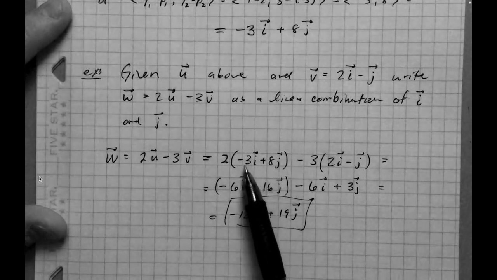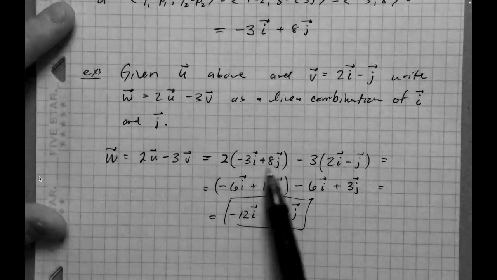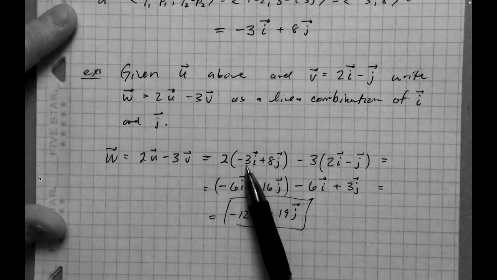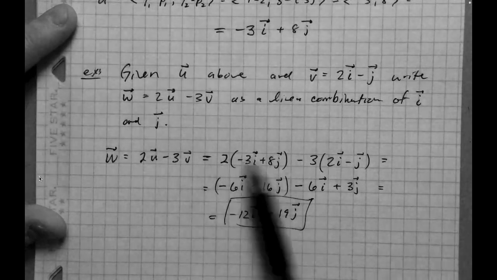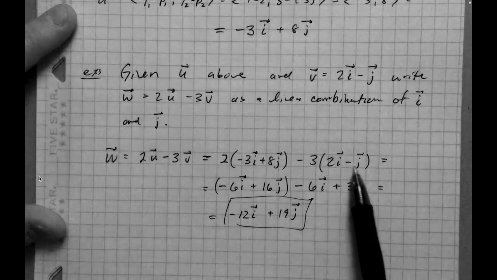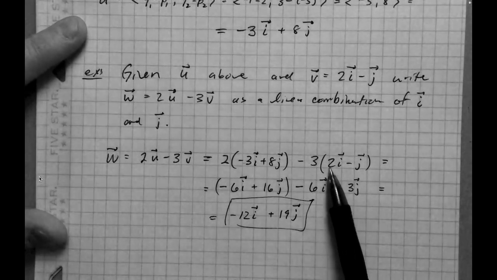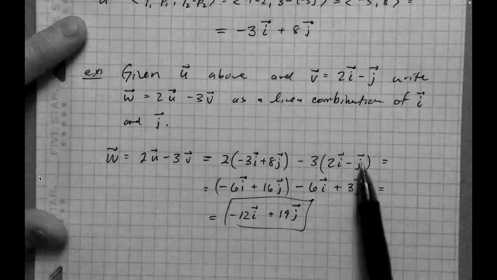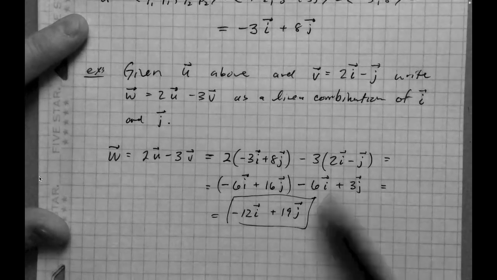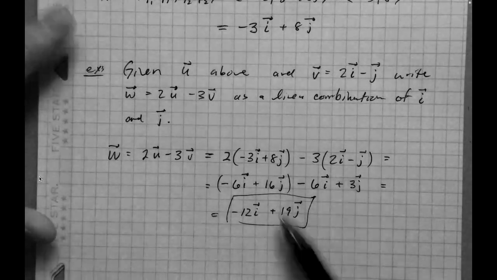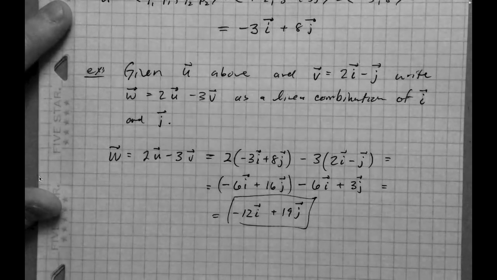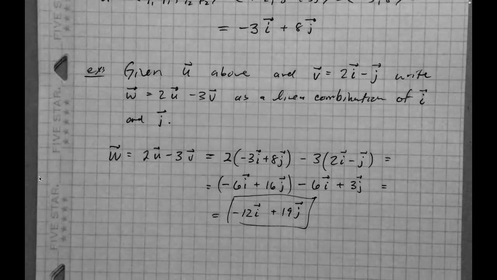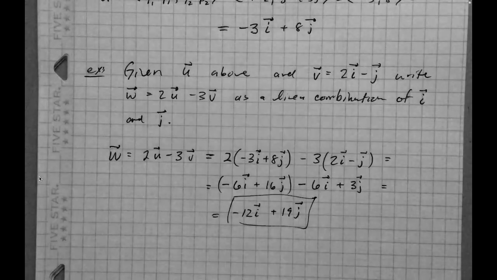If you have negative 3i plus 8j, it's another way to write negative 3 comma 8. And if you have 2i minus j, that's another way to write 2 comma negative 1 for a vector. If you did it the other way, you'd get the same result. Okay. Very good.